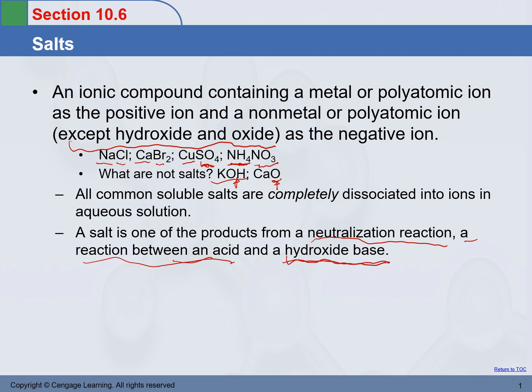We know what an acid is. An acid is a proton donor. If you react something that can donate a proton with a hydroxide base, for example potassium hydroxide, they will produce some products, and one of the products will be a salt. Well, let's take a closer look at that.